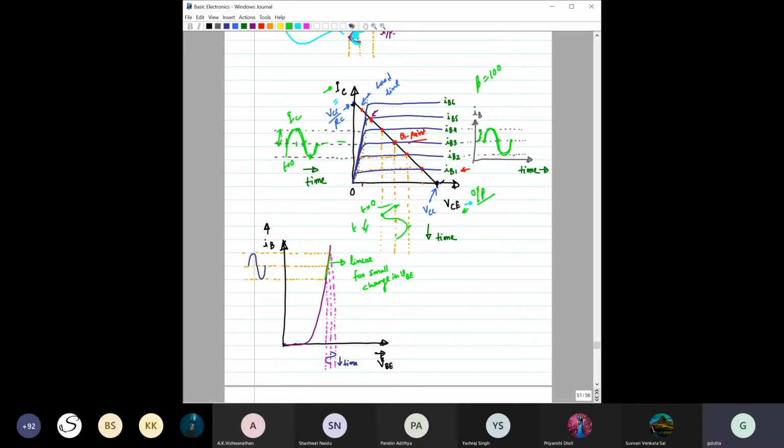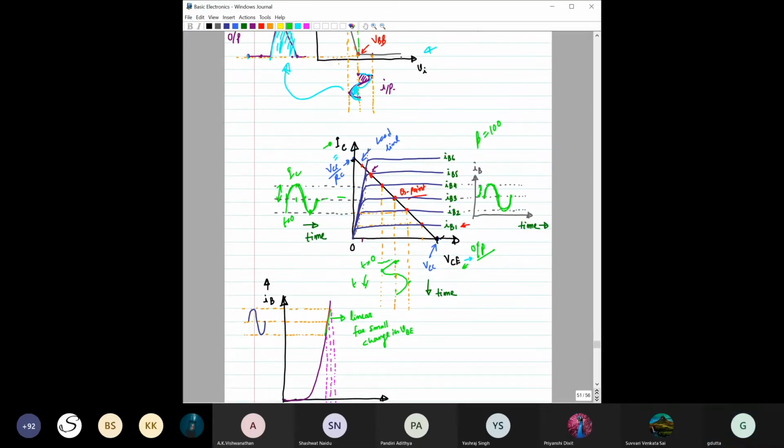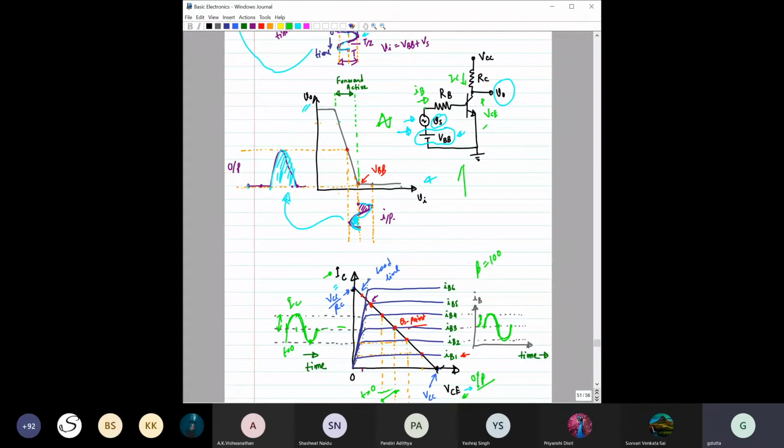Now, when we are analyzing this type of circuit, we have considered that this circuit is linear, right? And only when we consider the circuit to be linear can we apply the superposition theorem. That means we can separately analyze the circuit performance in DC and then in AC.